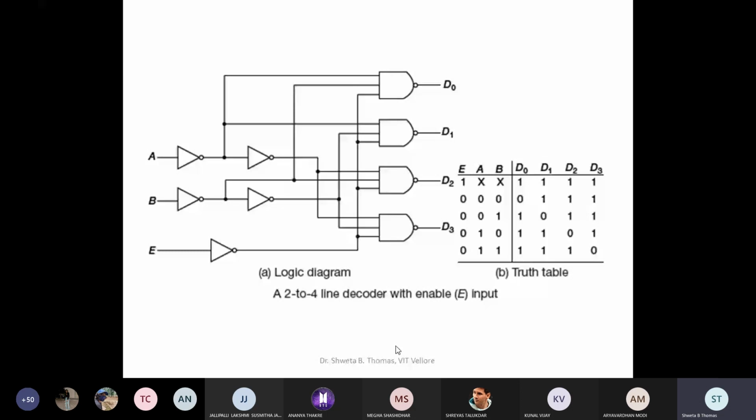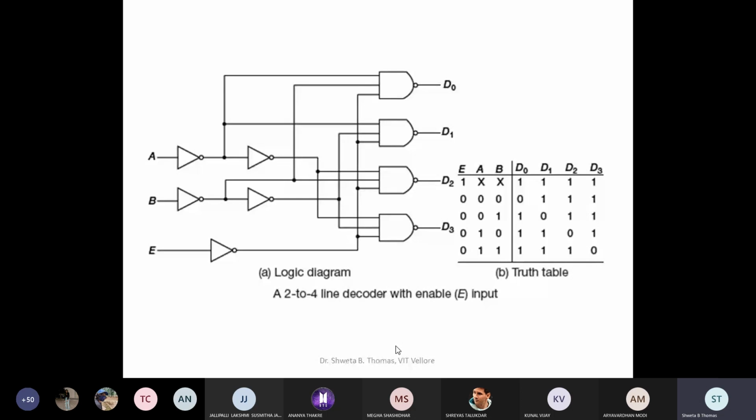Why is it 0, not 1? Can you tell me? Because we are getting the output in its complemented form. Understood? If you compare with the previous, we are getting the output in complemented form. When AB is 0, 1, then D1 is 0 and the rest of the values are 1, and so on.